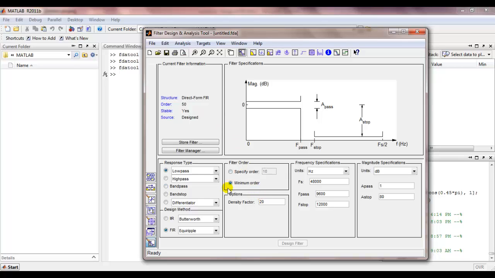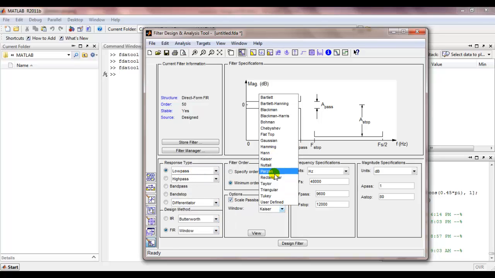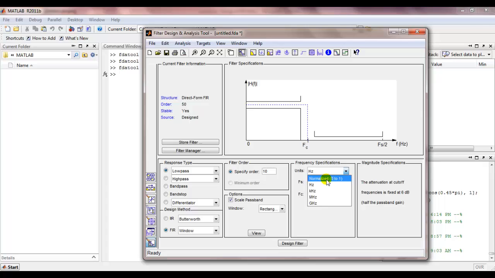So we'll once again come back to our FDA tool. We'll say we want to design using the window method with a rectangular window. I want a low pass filter with a cutoff of 0.4. Now the type 1 filter has an odd length, so its order is even. So I should give any even number, let's say 20.